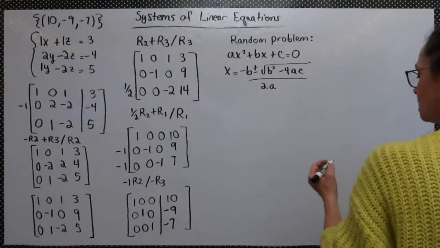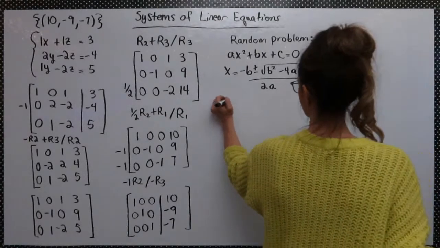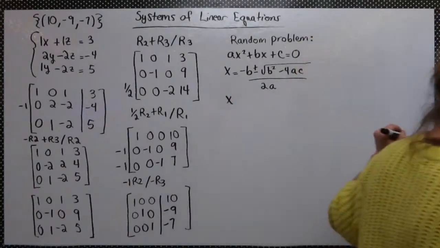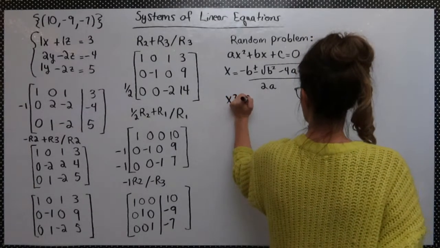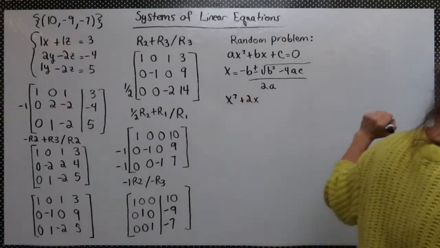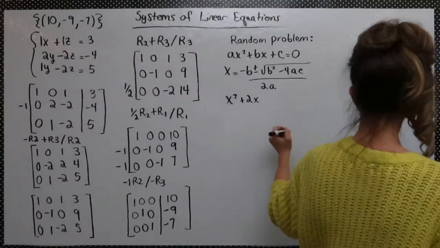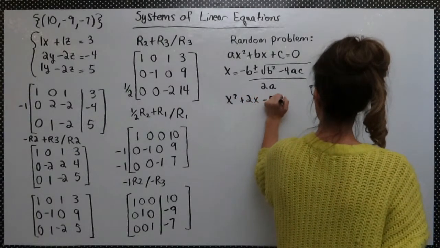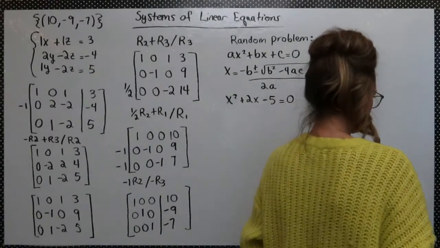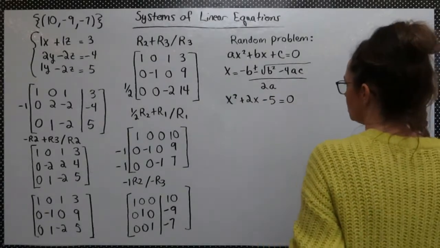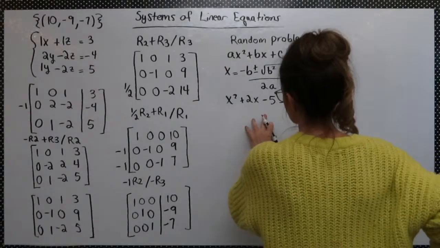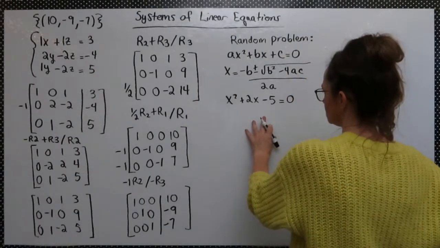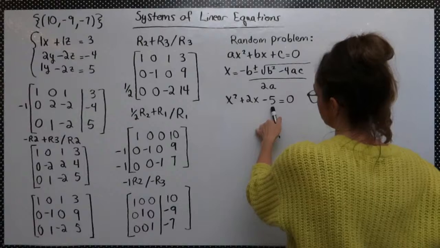So this is saying you have x squared plus 2x minus 5 equals 0. And it does not factor cleanly anyways.